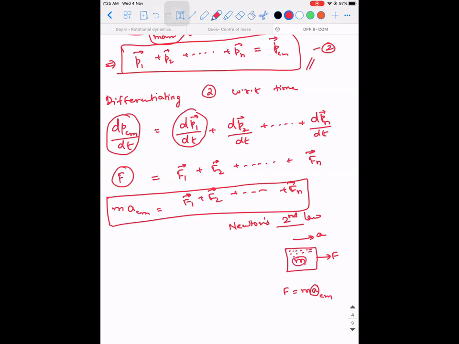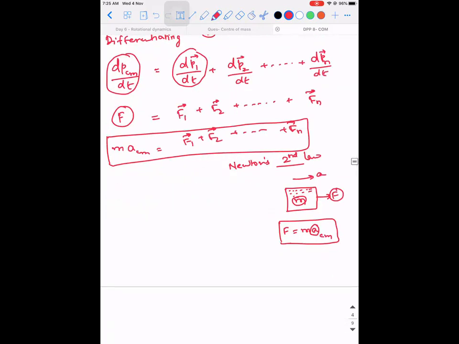The whole mass being concentrated at its center. So when you apply this force on a particle, that force will be equal to mass of the particle into whatever is the acceleration of the center of mass. This is what Newton's second law is. We'll use more of this concept in the next chapter. Am I clear?